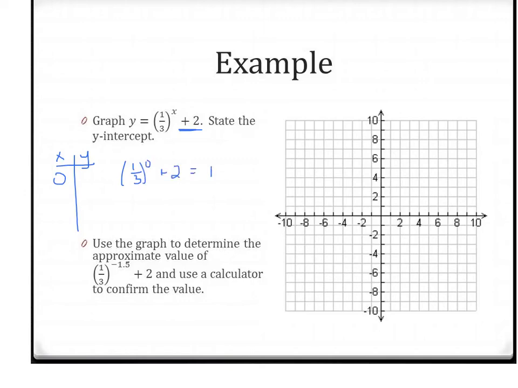So this becomes 1 plus 2, which is 3. Just following our order of operations there. So my y-intercept is 3. And then I'm going to come to 1. I'm going to get 1/3 to the first plus 2, which is 1/3 plus 2, so we get 2 1/3.